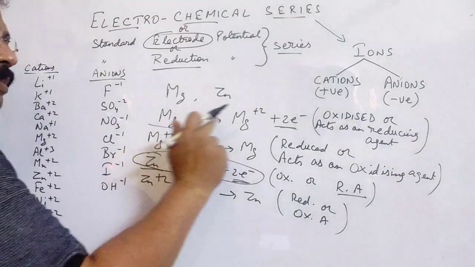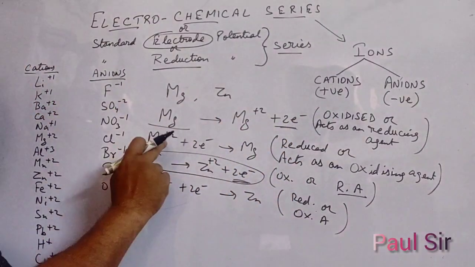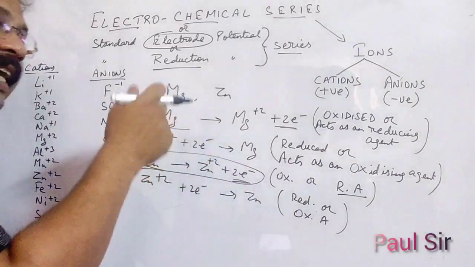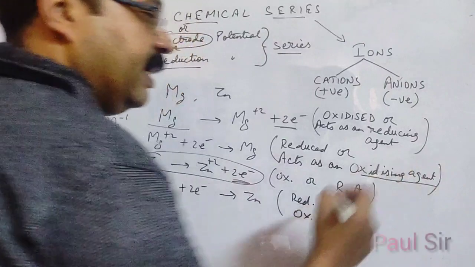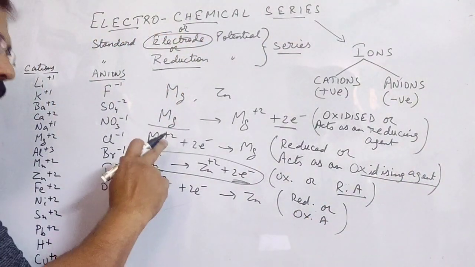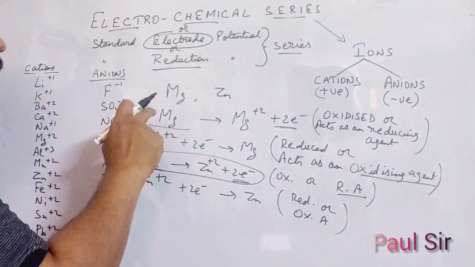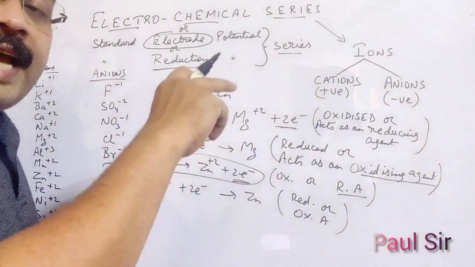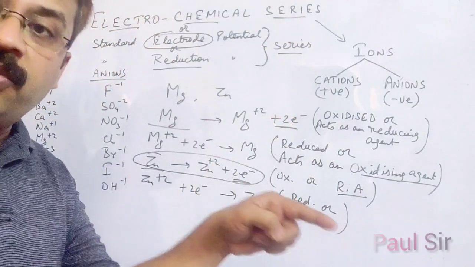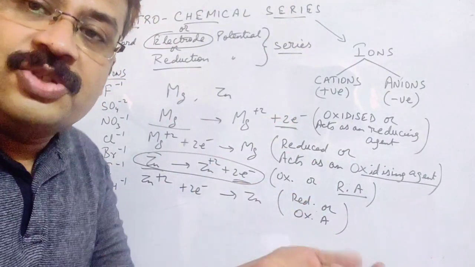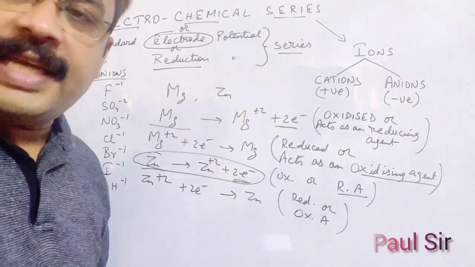If magnesium easily loses electrons, there is no condition under which the magnesium ion can gain electrons easily. It means it is not a good oxidizing agent. The magnesium ion won't take electrons easily, because magnesium metal had a tendency to lose electrons easily. So its ion won't have easiness to gain electrons, and it won't act as a good oxidizing agent.